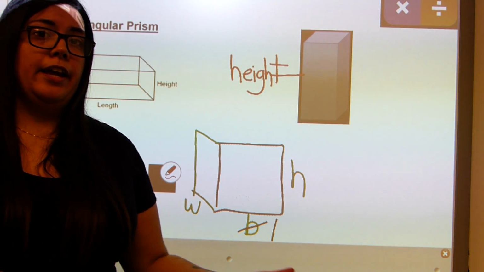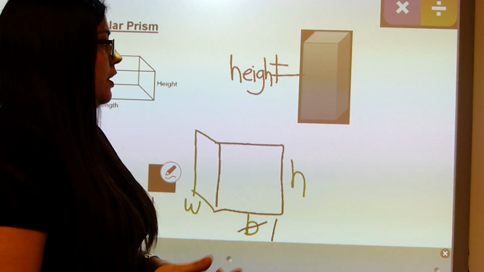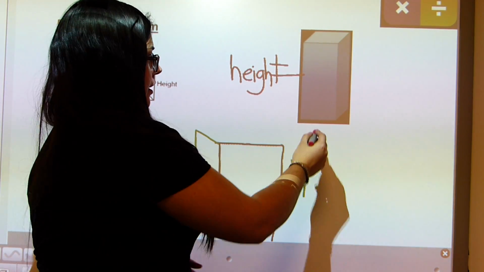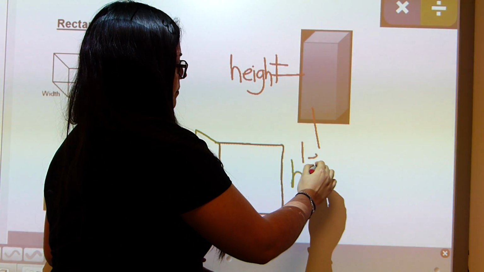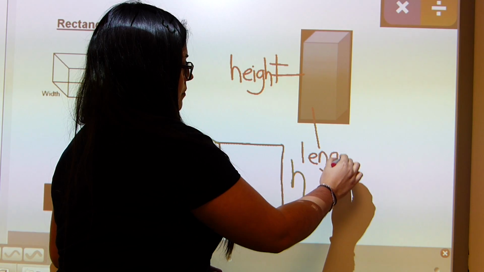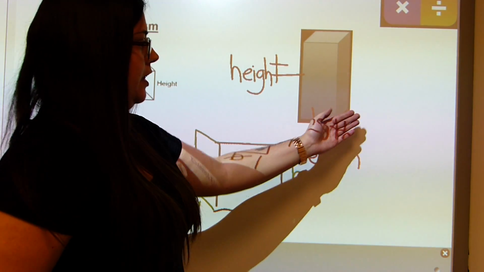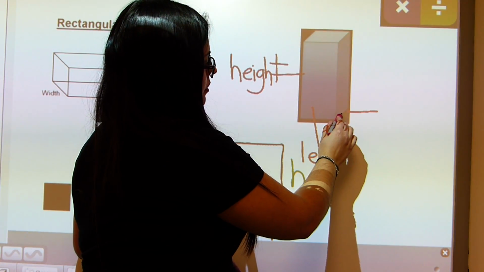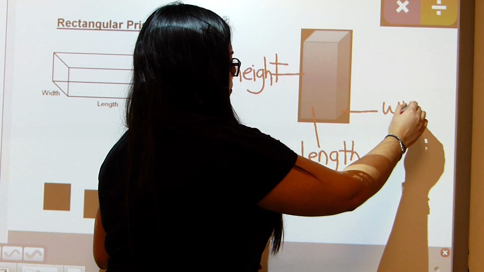So now I have length and width to label. For instance, right now we're going to say this is the length. And let's say that this side on the diagonal is the width.